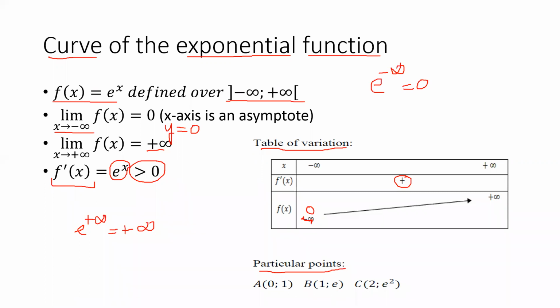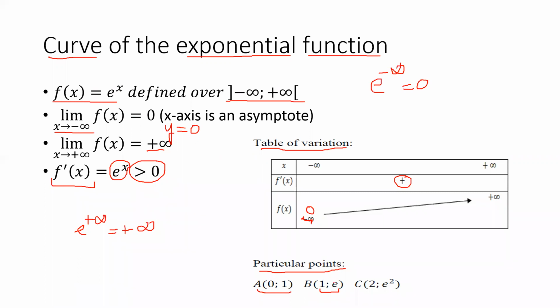First particular point is ال x 0, ال y 1. e to the 0 is 1. Second particular point is ال x 1, ال y is e. e to the 1.